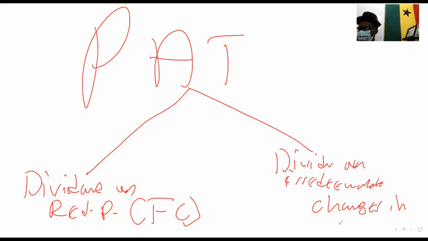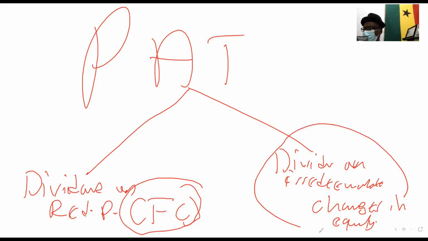So which of these have been subtracted already? The dividend on the redeemable preferences. So we are yet to subtract the dividend on irredeemable preferences, and that is why we have to subtract.